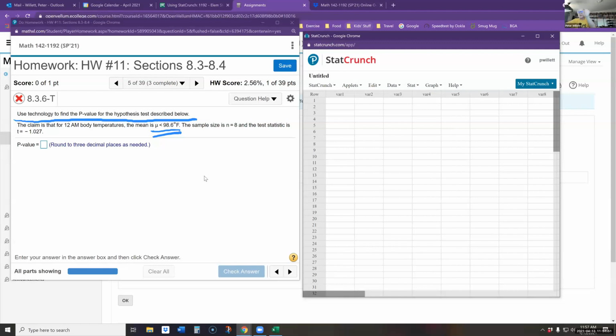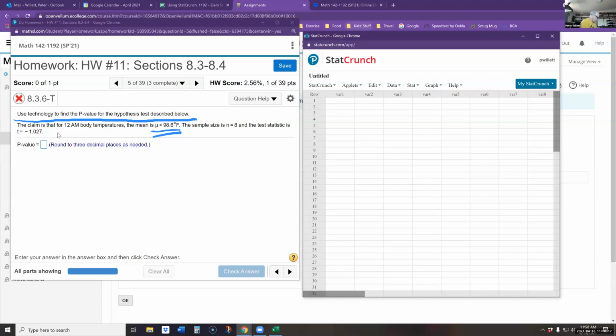And then they also give us the related p-value. So in this case, they didn't give us any information about the sample itself, but they are already telling us the test statistic. So they're basically telling us what the distribution score is. That's why they didn't give us the information from the sample, because they already gave us the result over here.